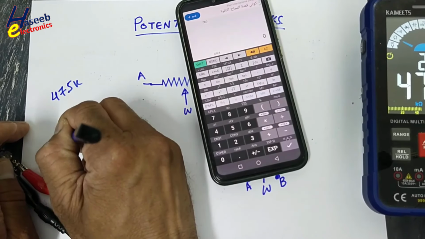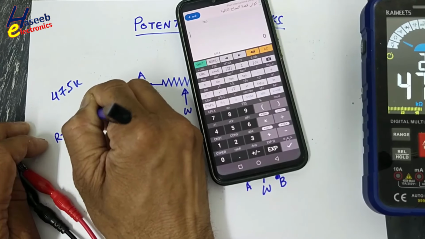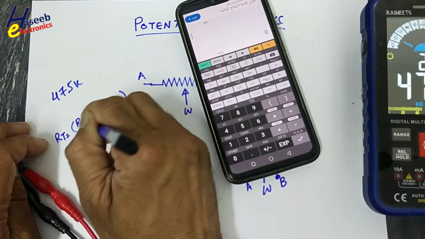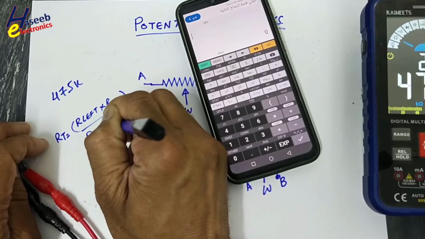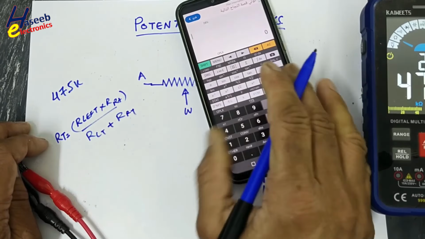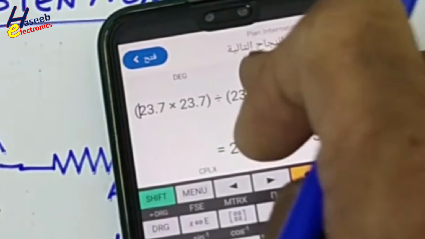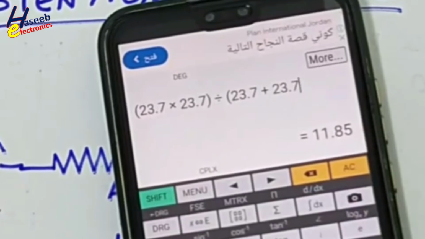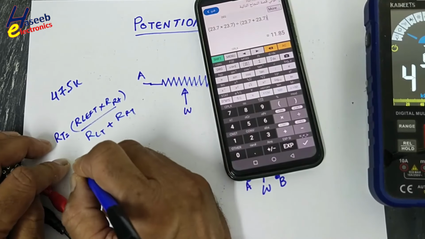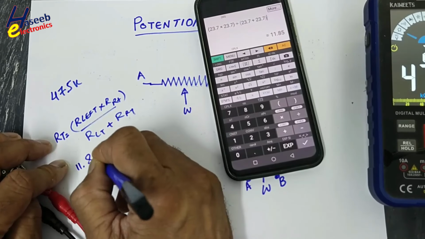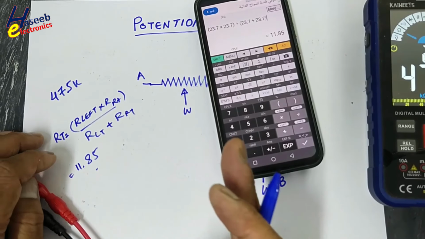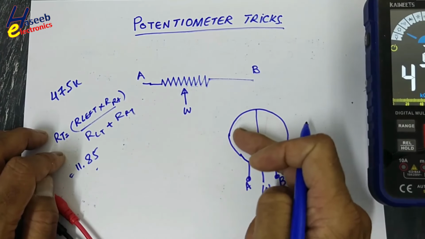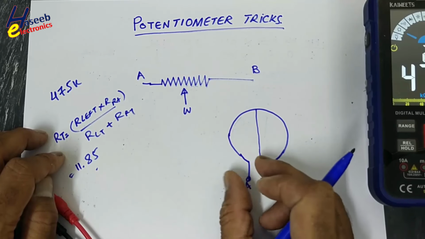In this case, total resistance is R left, R right, R left plus R right, 0.7 plus 23.7. RT, the total resistance, will be 11.85 when the wiper is at the midpoint in the center.